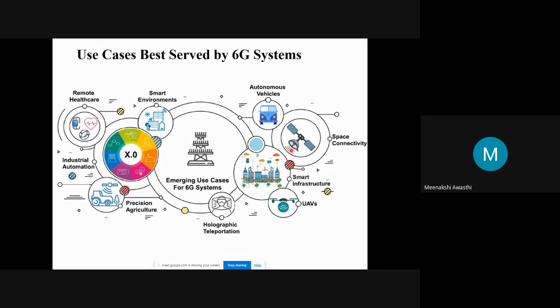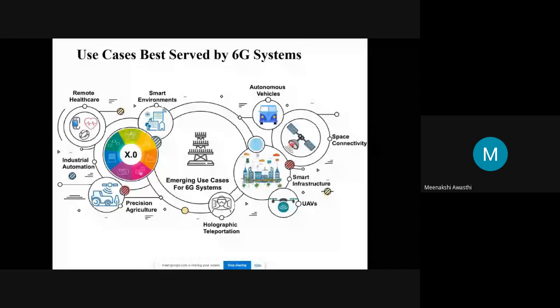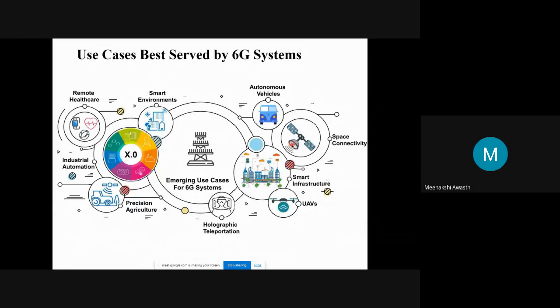Then if we talk about space connectivity, it is connected with smart infrastructure. If you want to connect our system with space, beyond terrestrial, then our system must be smart enough, so smart infrastructure is also required. Like, you must have heard about smart city.